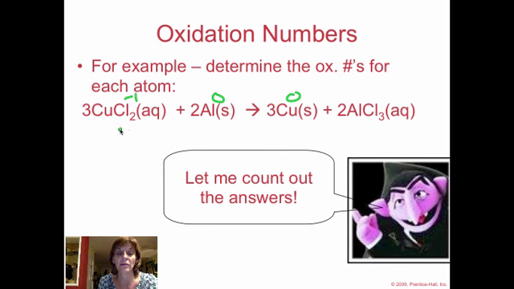There's 2 of them, so a total negative charge of -2. Copper must be +2 to make the compound neutral. And then over here, chlorine's -1, total of -3. Aluminum must be +3, and that makes that compound neutral. So far, so good, I hope.